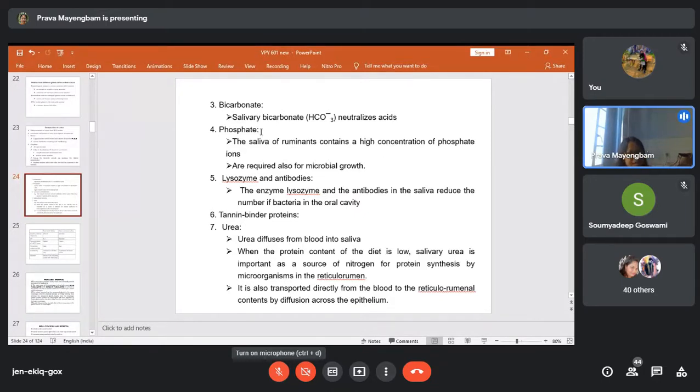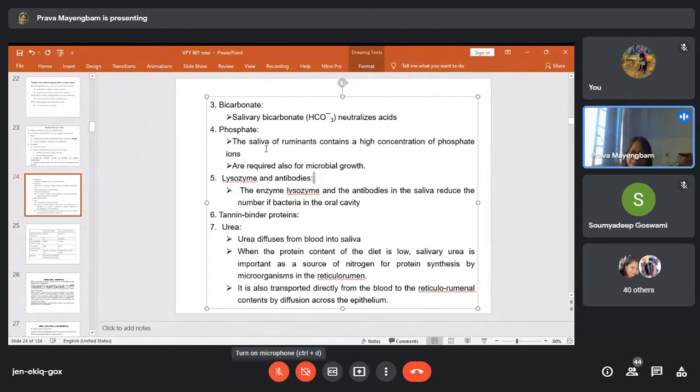In addition, there is phosphate. The saliva of ruminants contains a high concentration of phosphate ions, which are also required for microbial growth. We will discuss this point again in detail, but first just think that there is a great difference between the saliva of ruminant animals and non-ruminant animals.